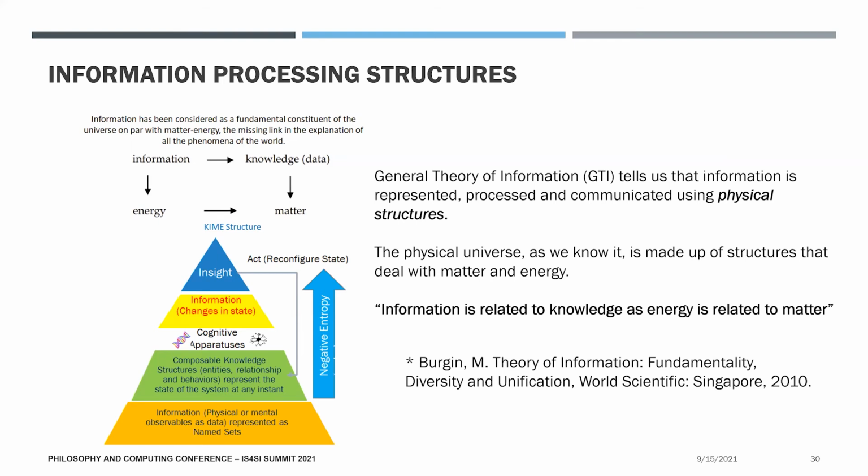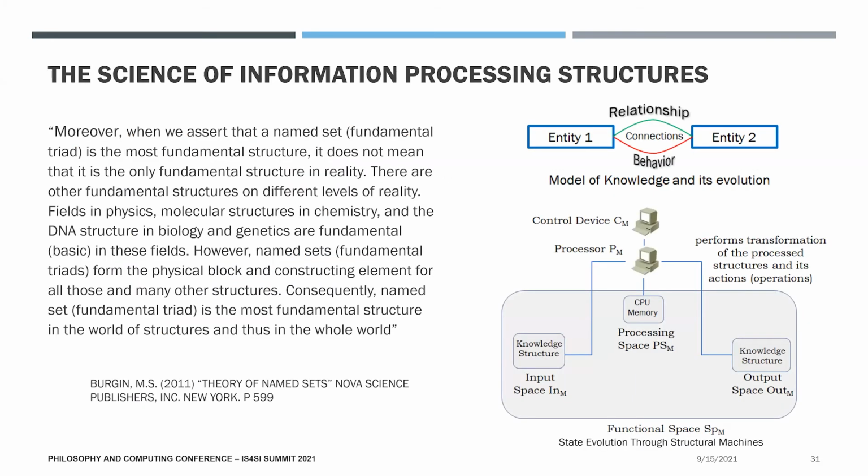In the case of computing structures, it will be a symbolic computing structure or a subsymbolic computing structure. We use them for essentially evolving the state of the knowledge structure from state 1 to state 2, and identifying the information, and that essentially gives us the insights and so on.